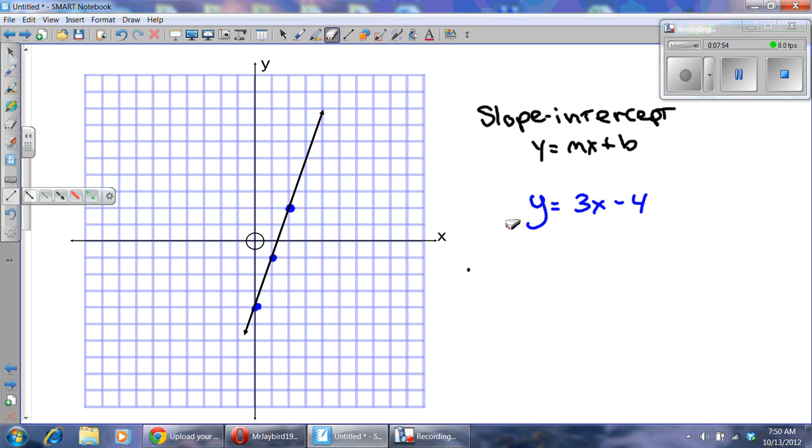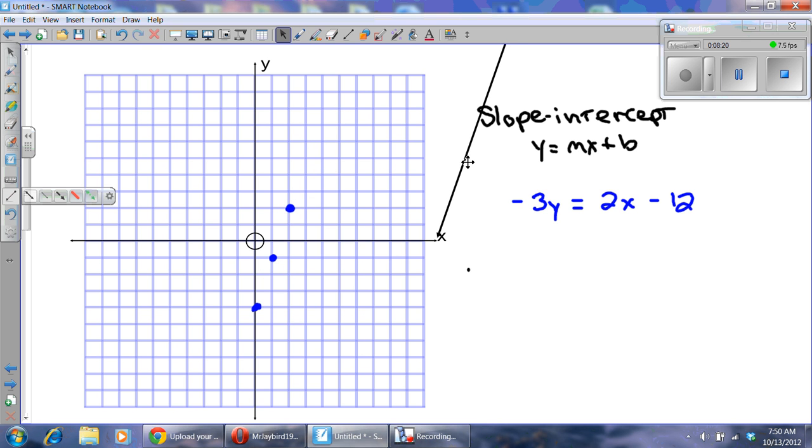What, though, happens if our equation looks like this? Well, that's a horse of a different color because you do not know the slope or the y-intercept yet.